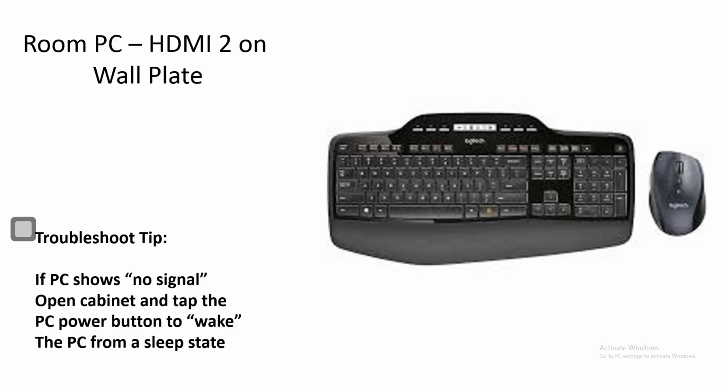Quick troubleshooting tip for the use of the Room PC: if you push the button on the wall control plate and you get a no signal displayed on the Sharp TV, more than likely the PC has gone to sleep. You have 2 things that I want you to try. First and foremost, run the mouse or click the enter button on the keyboard, and it should wake the PC up.